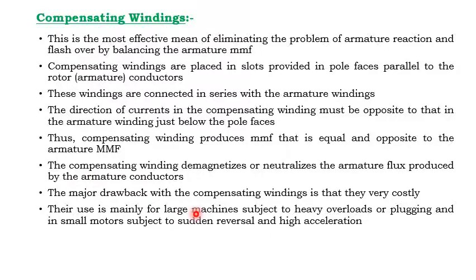The major drawback with the compensating winding is that it is very costly. Their use is mainly for larger machines subject to heavy overloads or plugging, and in small motors subject to sudden reversal and high acceleration.